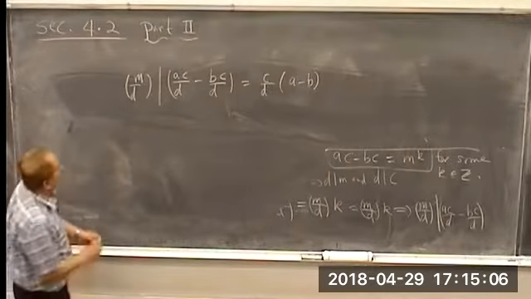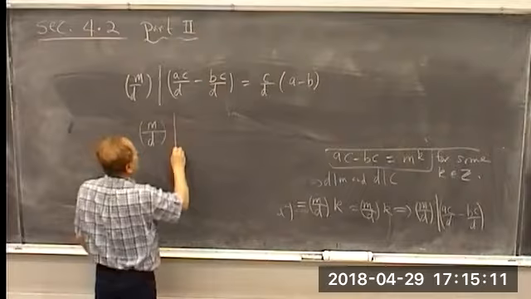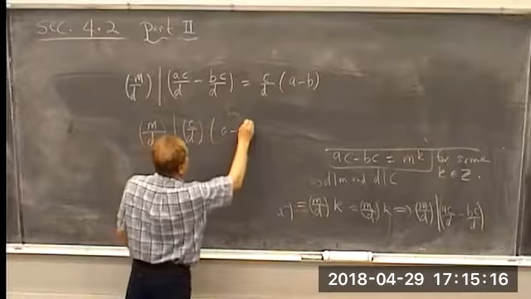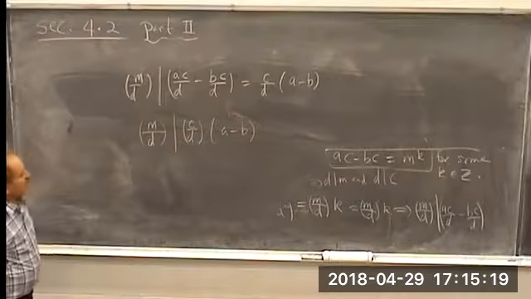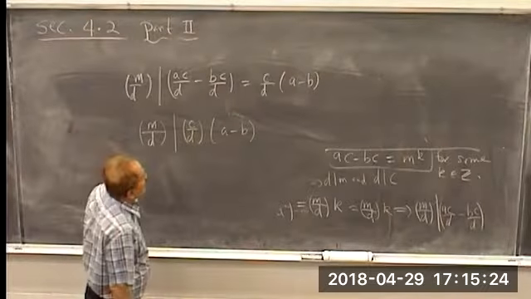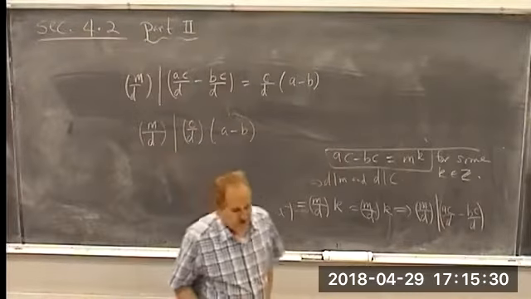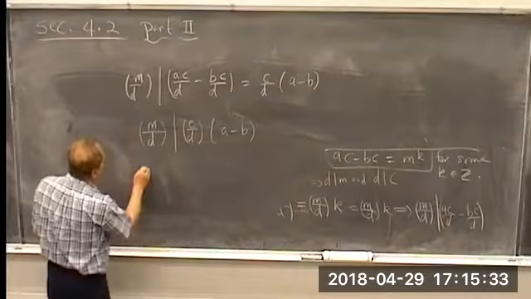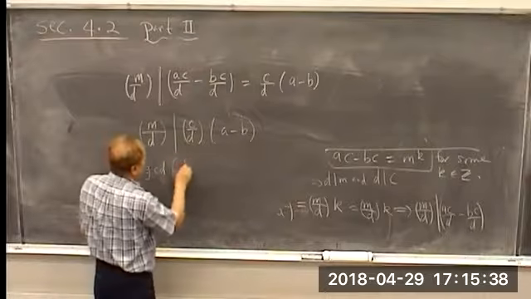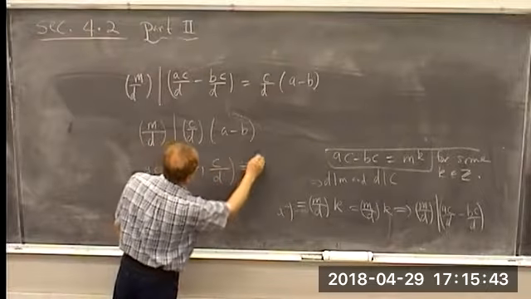So we have M over D divides C over D times A minus B. Now we know that when we divide by the greatest common divisor, the greatest common divisor of M over D and C over D is equal to 1, right?